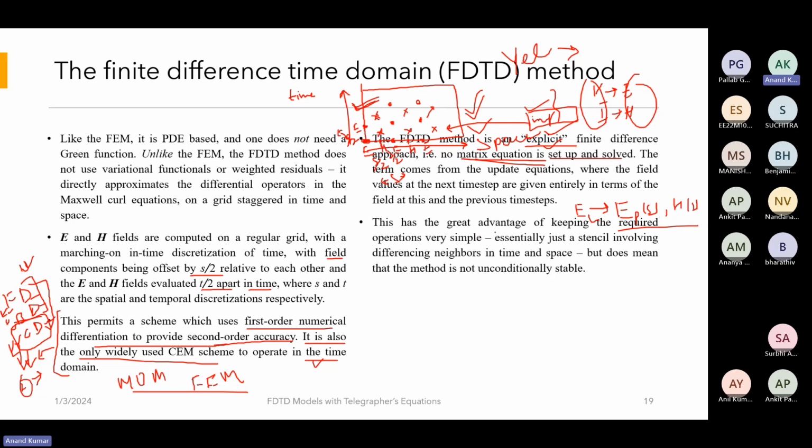This has a great advantage of keeping the operations very simple, essentially just a stencil involving differencing neighbors in space and time. So in this particular space, if you're trying to find out this particular node, it can be calculated using this value, this value, and this value.